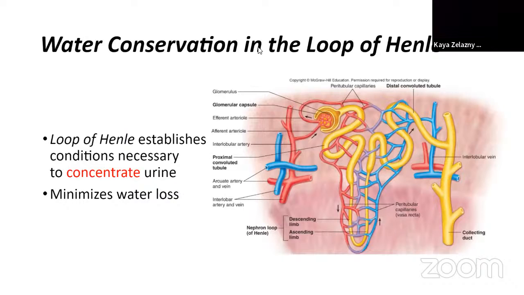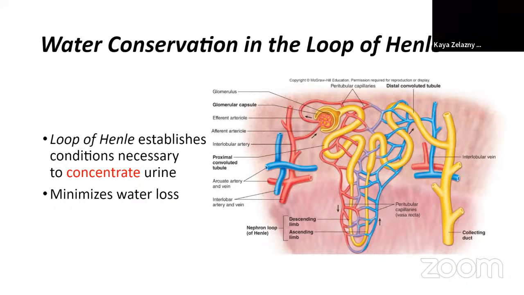So the loop of Henle's job is to set up that osmotic gradient that we talked about that's going to let us conserve water. It's setting up this osmotic gradient so that we have a really strong force to pull water out of the filtrate, out of this fluid that's going to become urine, and back into the body.